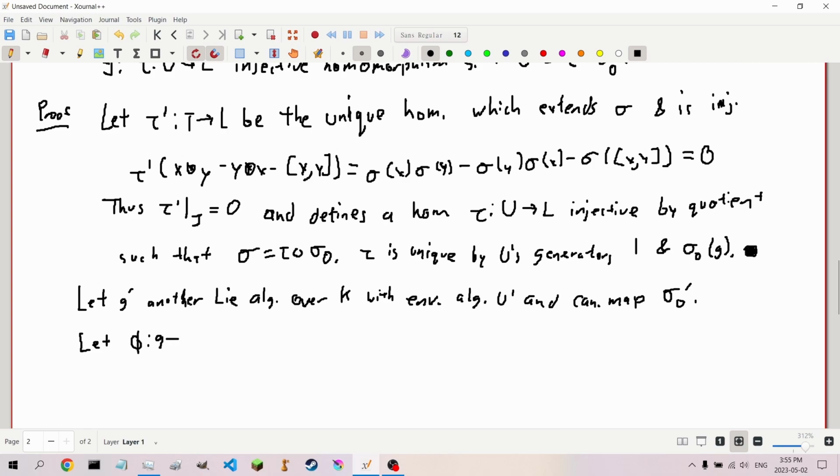Let phi from G to G prime be a homomorphism.